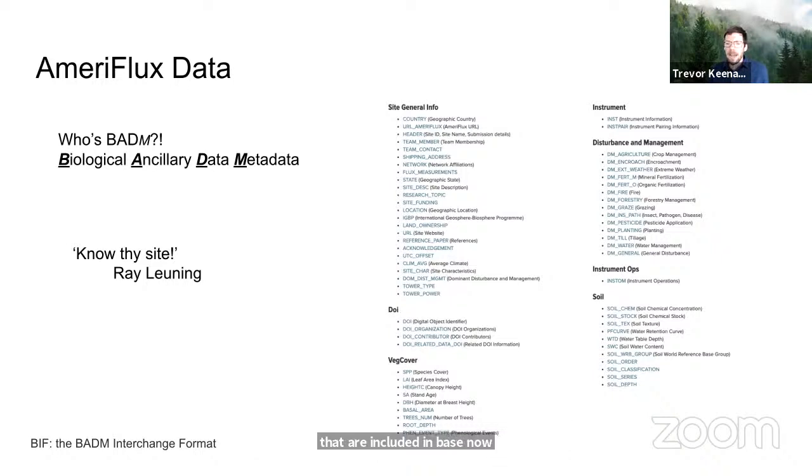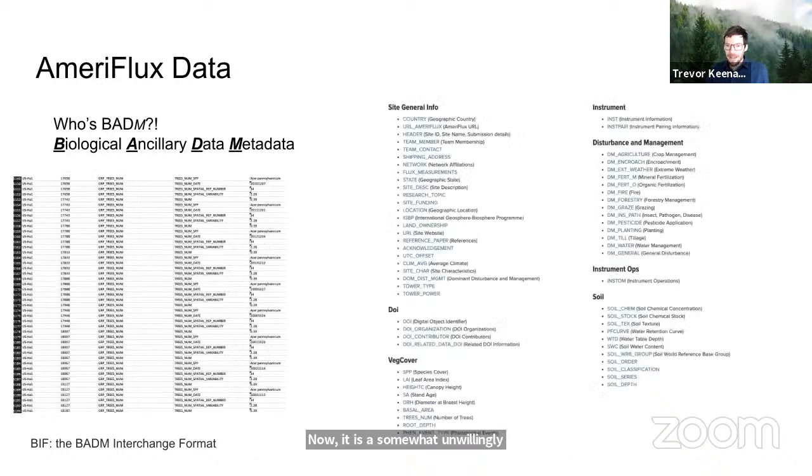Now, it is a somewhat unwieldy data to work with. And I say that because it is not really designed to be human readable. You can read it for sure. It all makes sense. But there is a lot of data contained within these sites, as you can imagine.